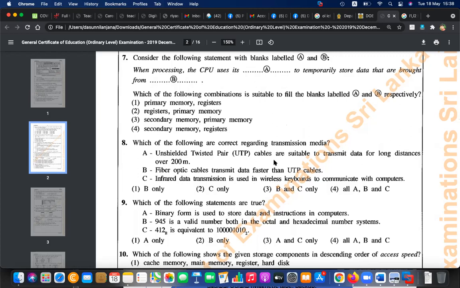UTP cable for short distance. Coaxial cable for short distance. Fiber optic for long distance. Wireless on the short distance. Infrared.